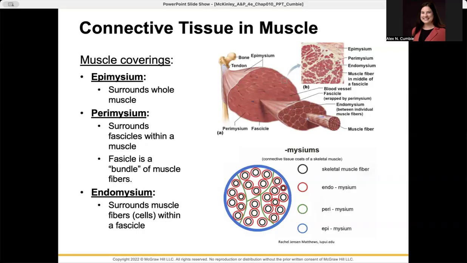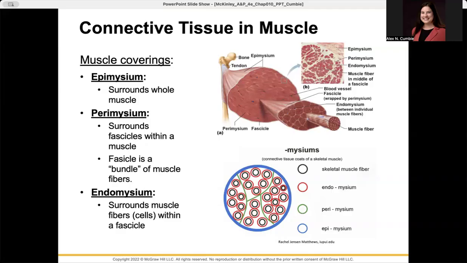Perimysium, peri meaning next to, mysium again meaning muscle. So we've got that bundle surrounded by perimysium. And then lastly, we have the cell itself, our muscle fiber, and it is surrounded by its own connective tissue layer called endomysium, endo meaning the most internal.